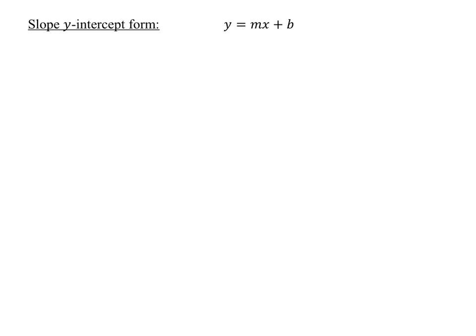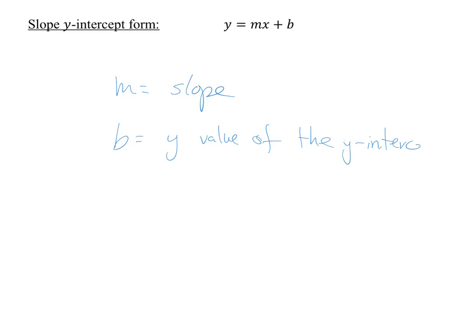This is what we're going to see here. And this is called slope y-intercept form. Again, m is the slope. B is the y value of the y-intercept. What's the x value of the y-intercept? 0.